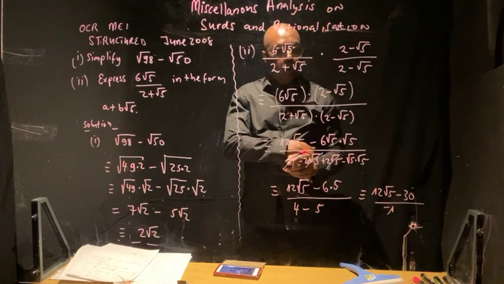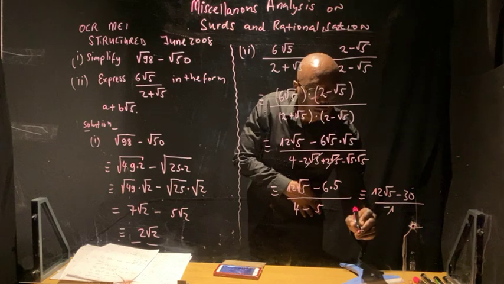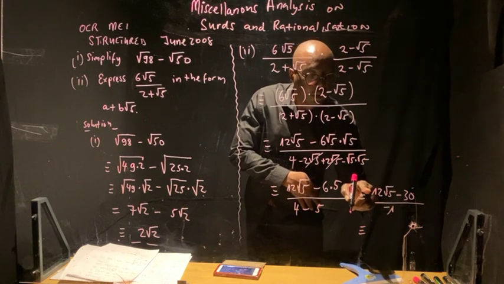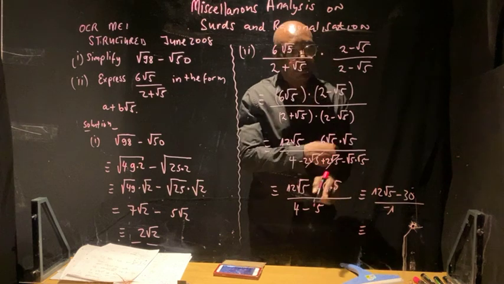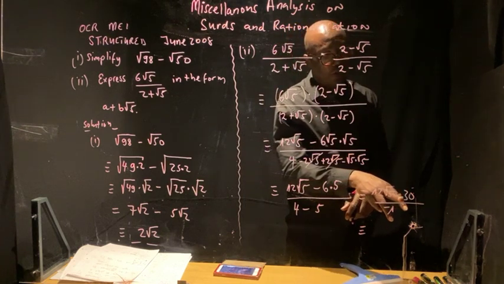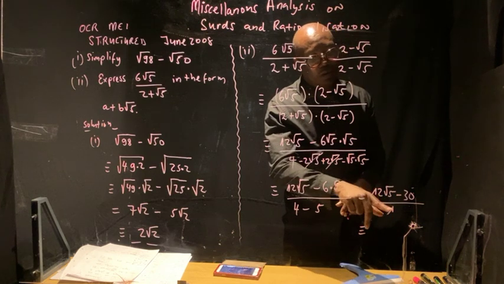If we continue, we can say that this negative sign affects this one, because 12 root 5 minus 30 all over 1 is the same.